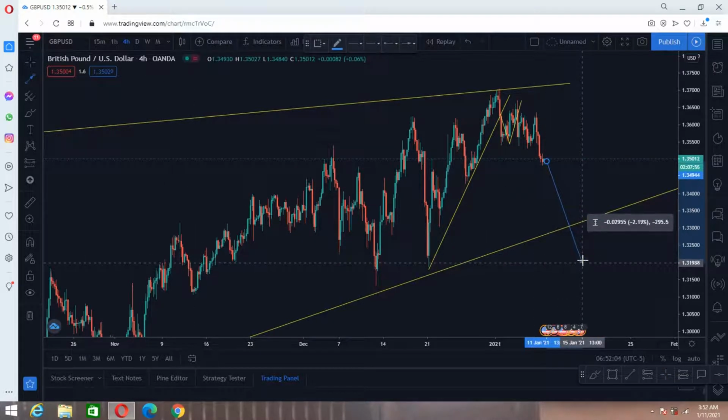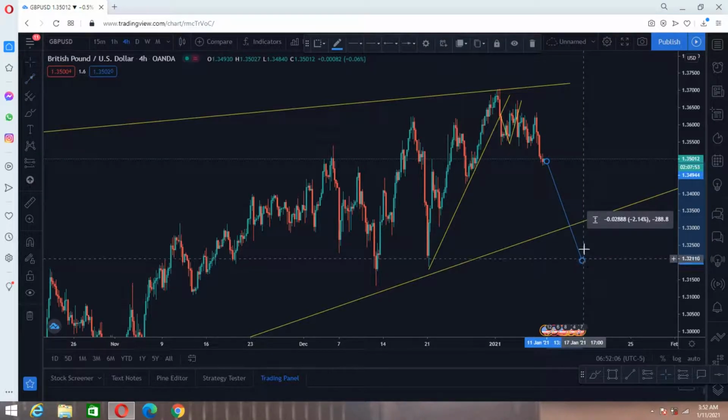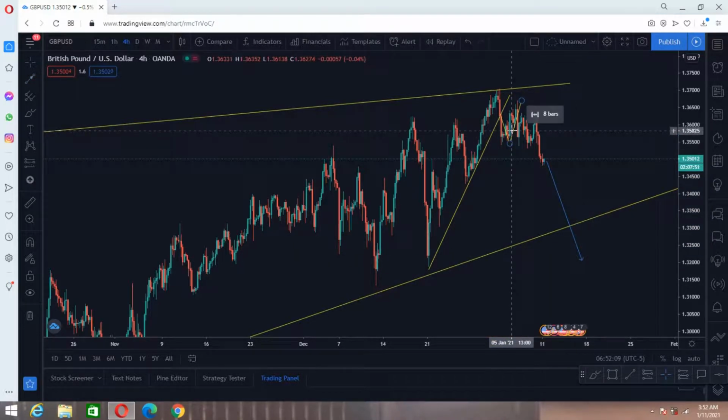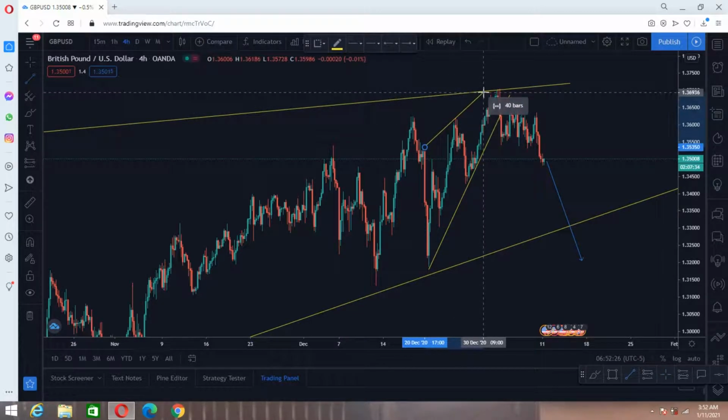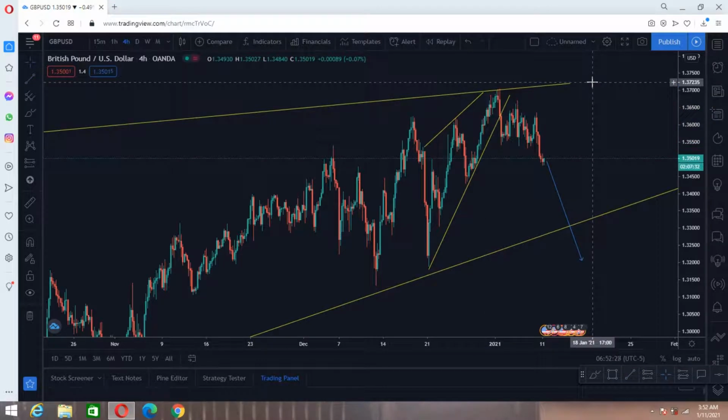This will be our first target if it breaks this bigger structure, but this is what I'm seeing on GBP USD. Let me just do another trend line so you can understand. So you can see that this is a reversal pattern. So this is what I will be expecting.